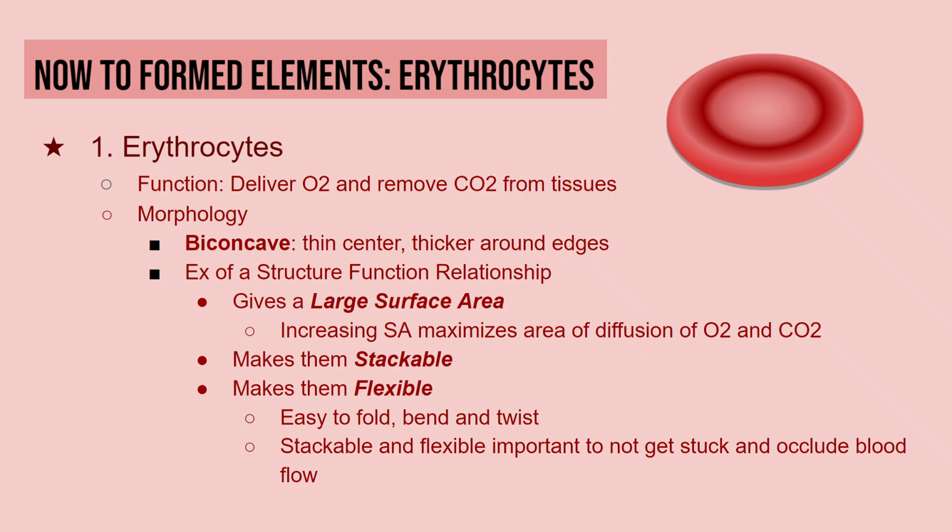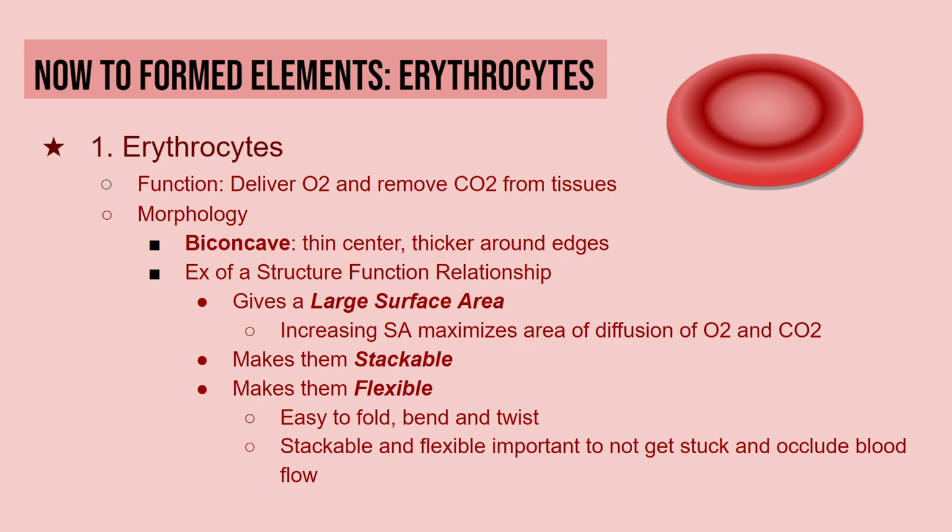So now moving on to the formed elements, 99.9% are the erythrocytes. The main function is to deliver oxygen to your tissues and remove carbon dioxide. So the morphology is really important. They're biconcave, which means they have that thin center and are thicker around the edges, kind of like a donut shape.